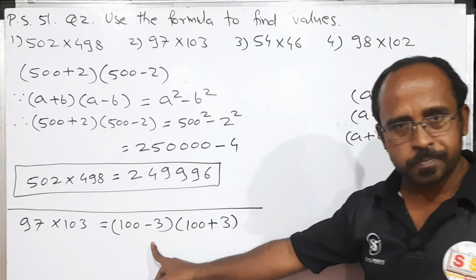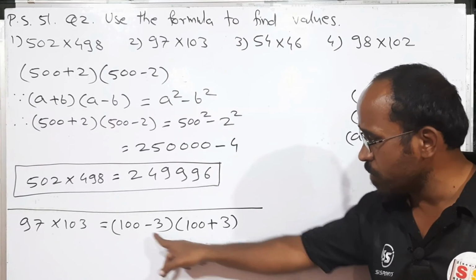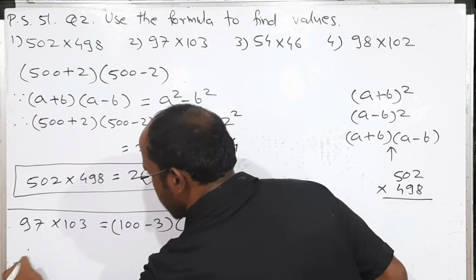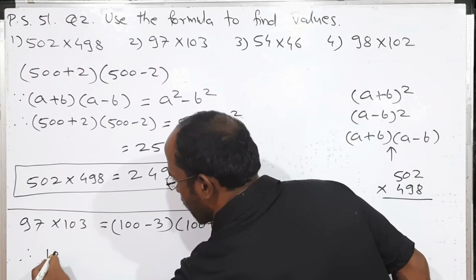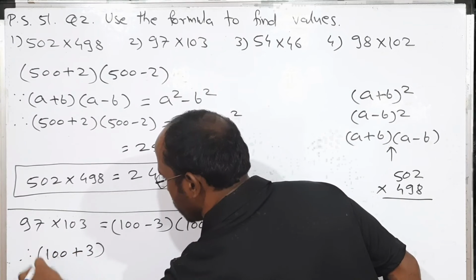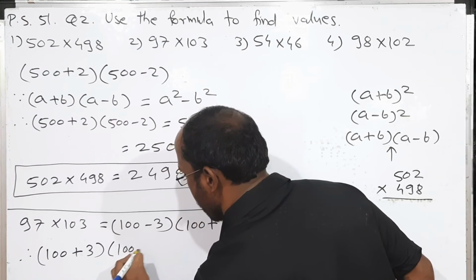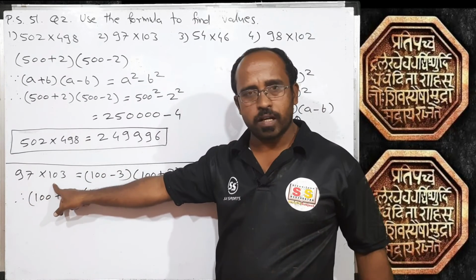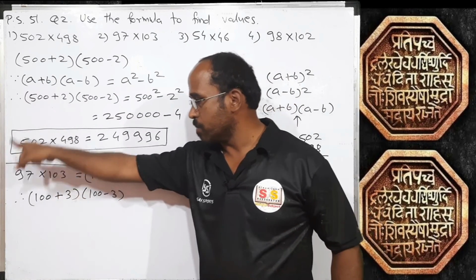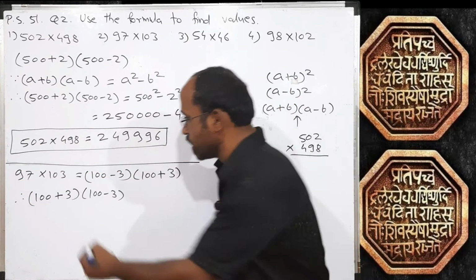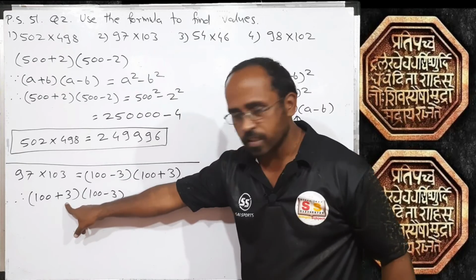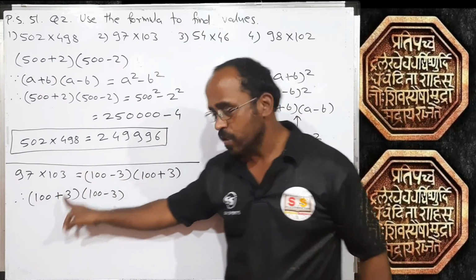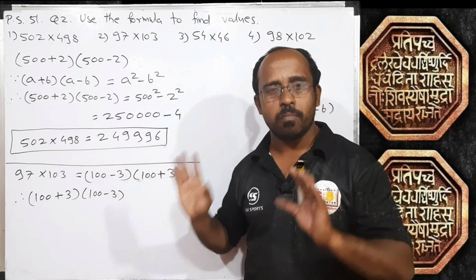Okay, students, and here we are multiplying these two brackets. So multiplication can be written as 100 plus 3 multiplied by 100 minus 3, because 97 multiplied by 103 can be written as 103 multiplied by 97. So same thing I have done here, 103 multiplied by 97. 103 is 100 plus 3, 97 is 100 minus 3.